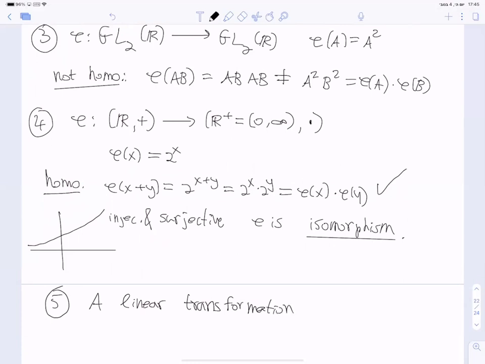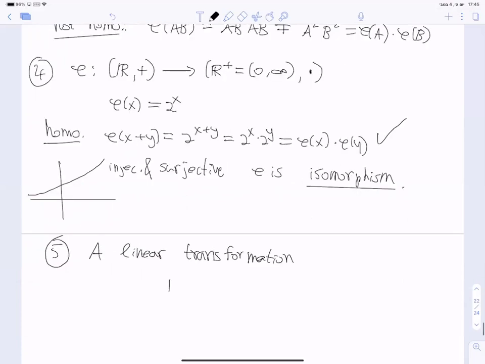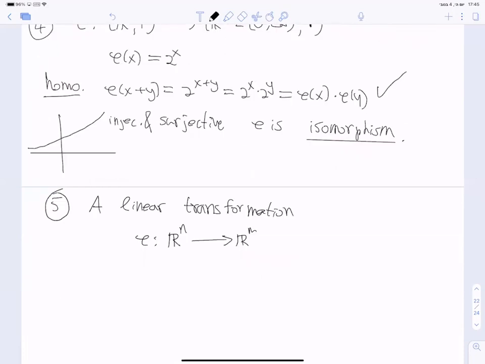from, say, Rn, together with the addition of vectors. How do you define such a thing? Using a matrix.